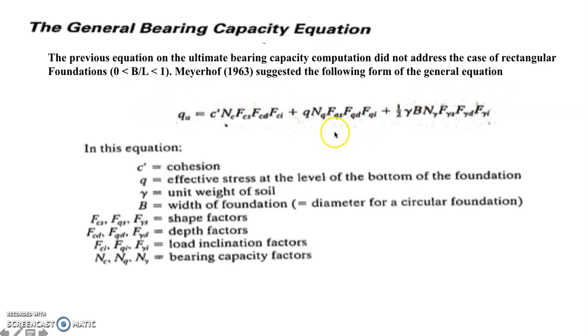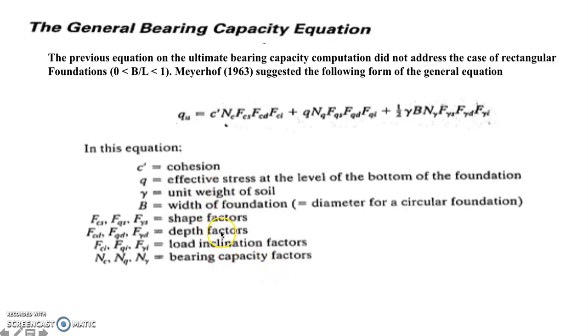So for this one, there are additional factors. We now have the shape factors, depth factors, and load inclination factor, and of course we still have our bearing capacity factors. For the bearing capacity factors, we simply use the formula or the table that was given a while ago.